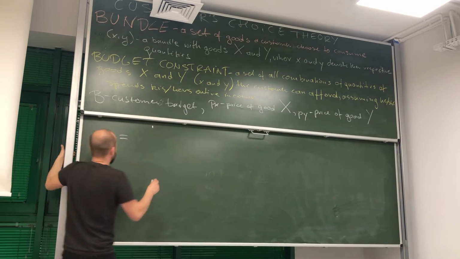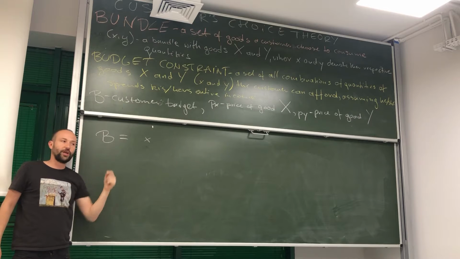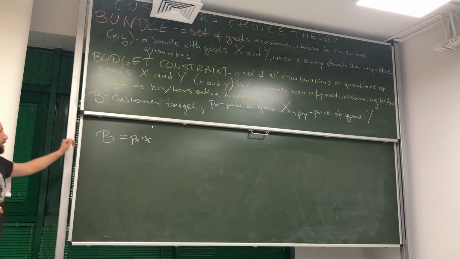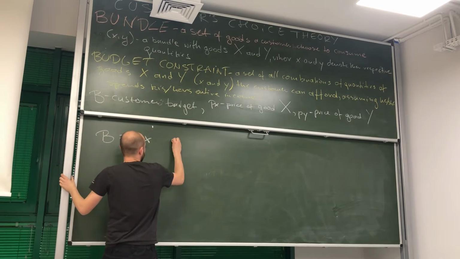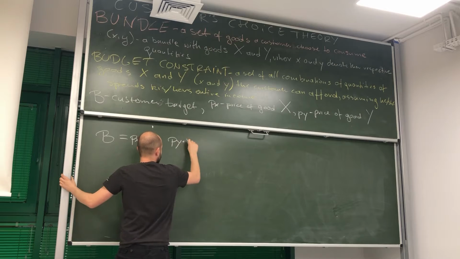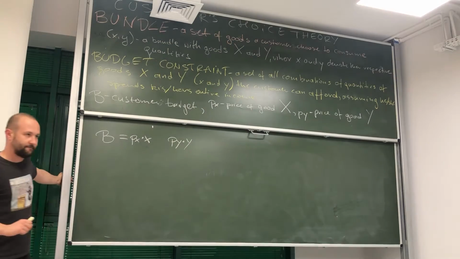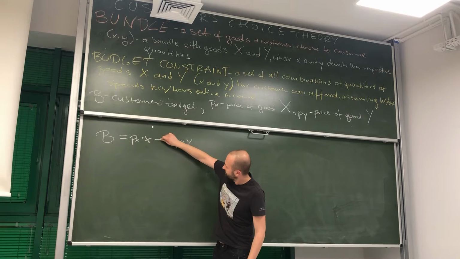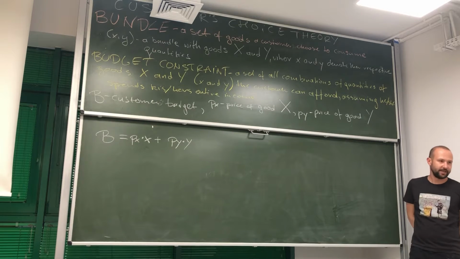First, we can spend it on good X, and we can buy x units of good X, but for each of them we need to pay the price PX, the price of good X. Then the customer can spend the budget on good Y. And what we see over here is that if the customer spends the entire income on just two goods, then this relationship should hold true, assuming, of course, that the customer is spending the entire income.